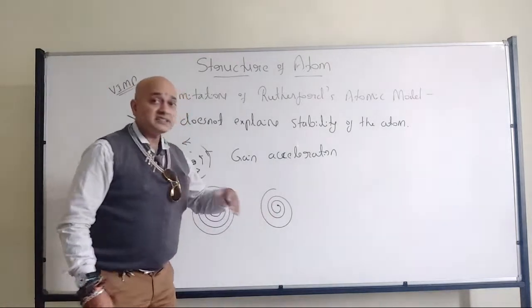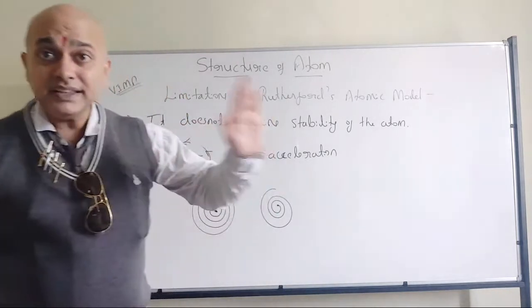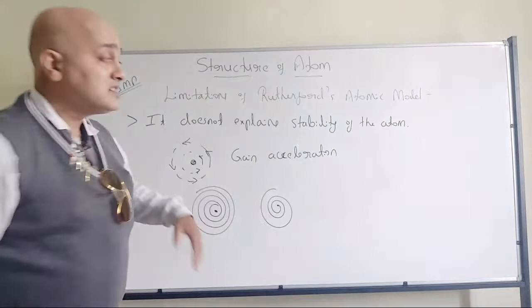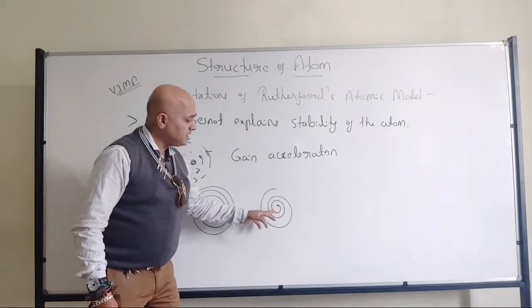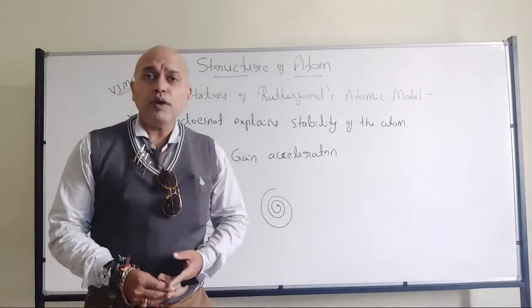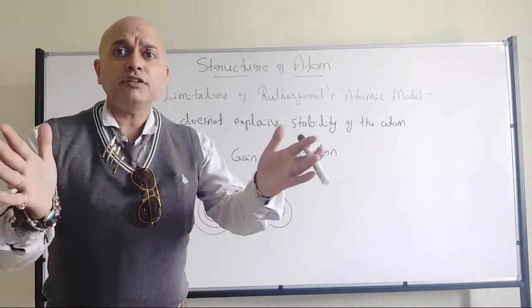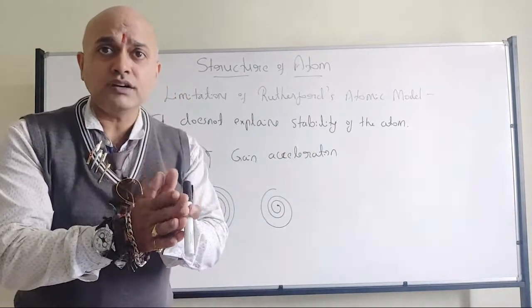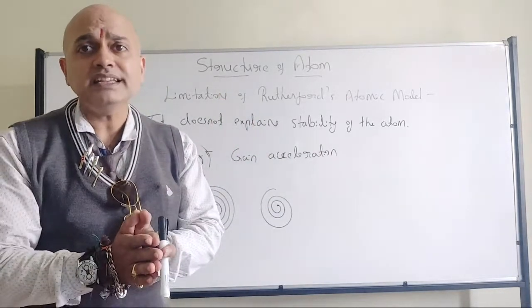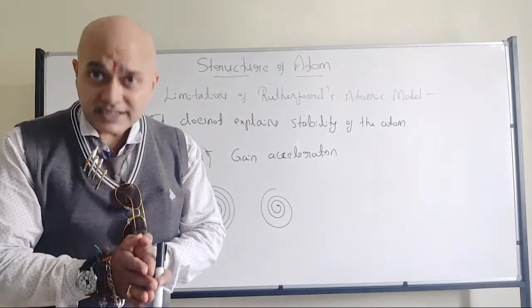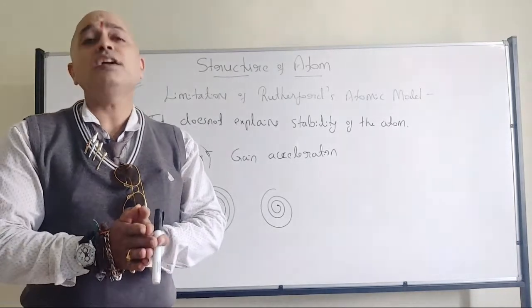Or since it is losing the energy by emitting the radiation. Okay? So now what will happen? Each time it will lose the energy and it will come near to the nucleus. And one time it will come and it will collapse with the nucleus, because negative, positive, they will be collapsed with each other. But that is happening? No, that will not happen.